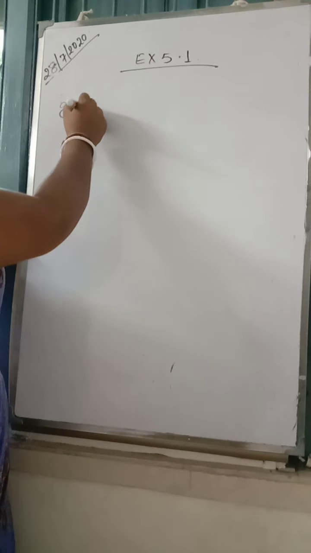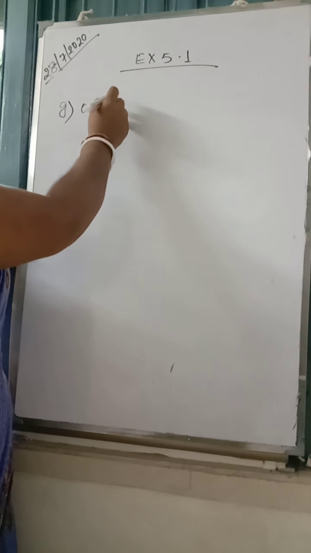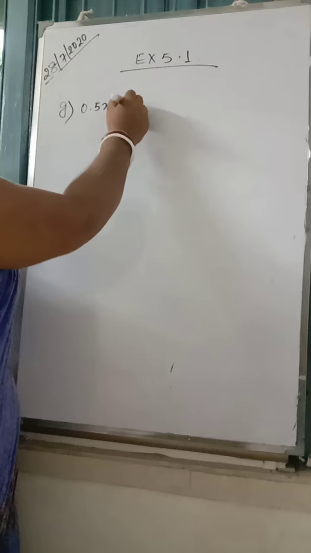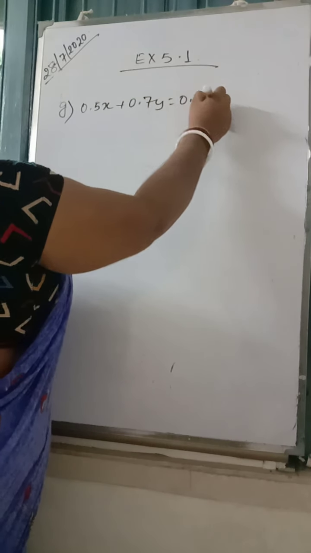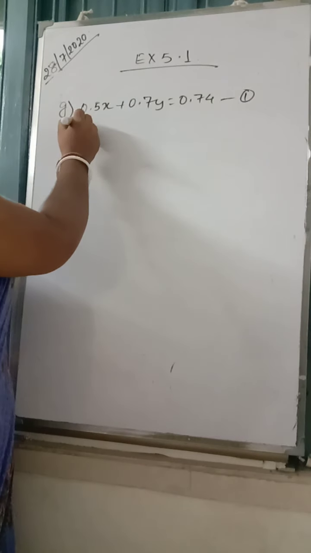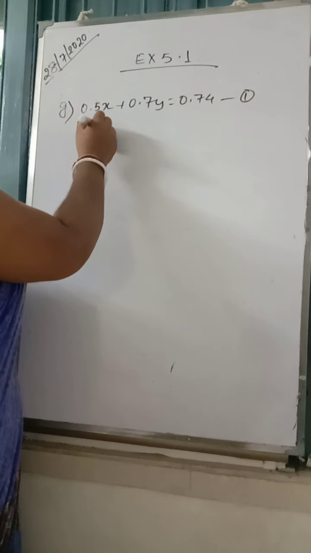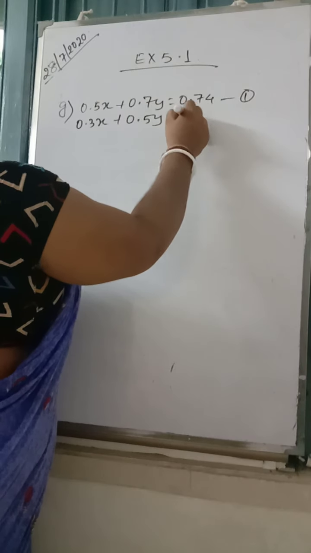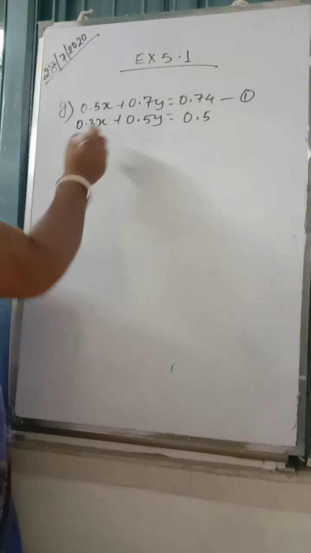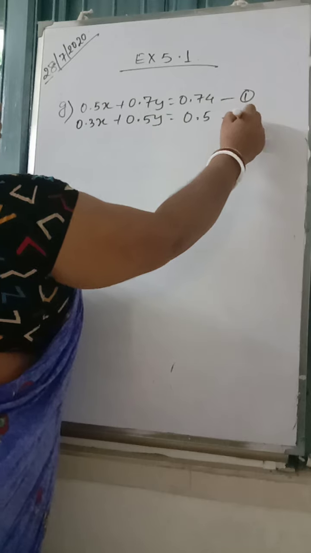It is 0.5x plus 0.7y is equal to 0.74. This is 1. Then 0.3x plus 0.5y is equal to 0.5. Now this is number 2.